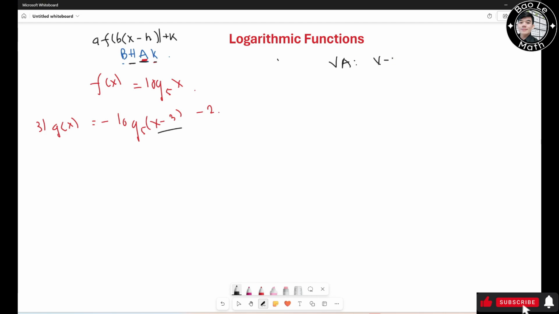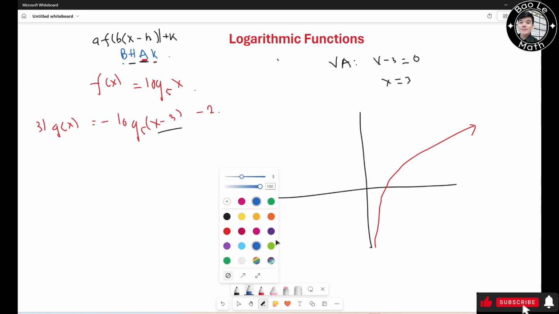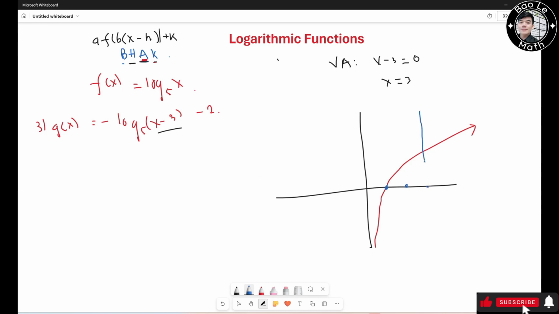So s minus 3 equals 0 and s equals 3, right? So if I graph it, the original function is going to be something like this, right? And then this guy's 1, 2, and 3 right here. So the vertical asymptote is going to be right here, s equals 3.